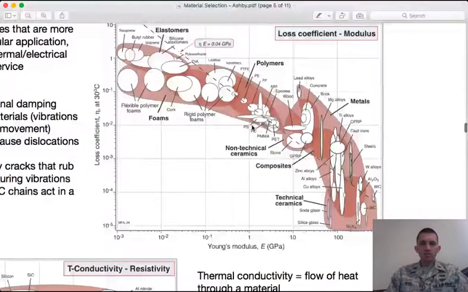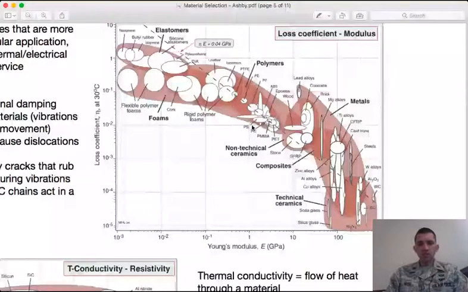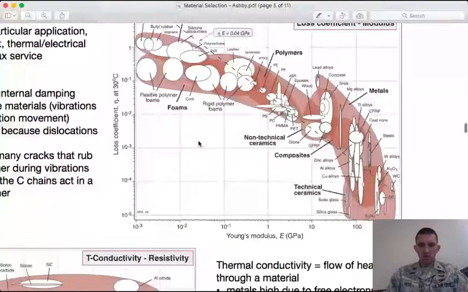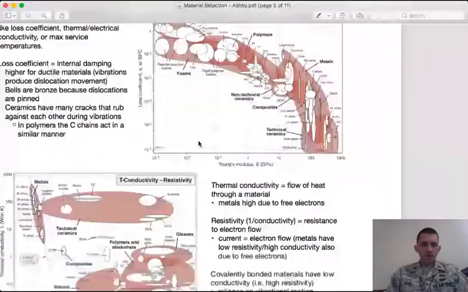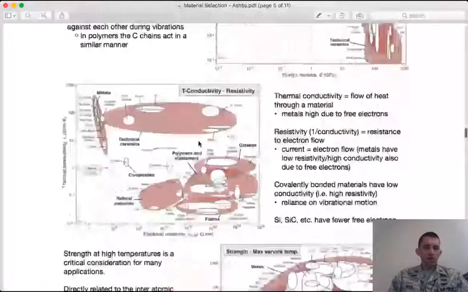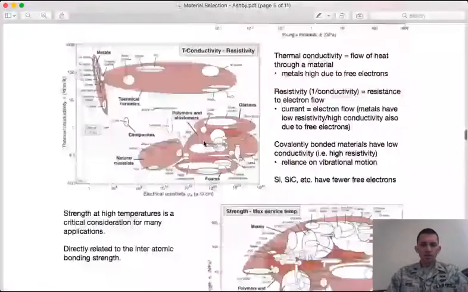Likewise, polymer systems tend to have much higher loss coefficients because the polymer chains slide relative to one another and absorb energy that way. For conductivity and resistivity, conductivity, remember, is the flow of heat through a material.